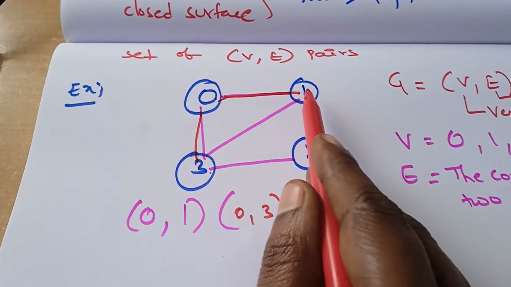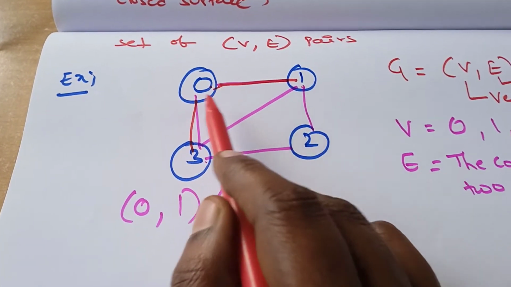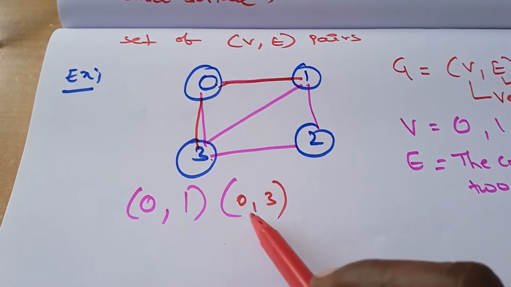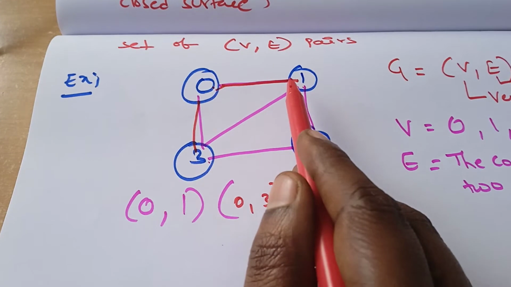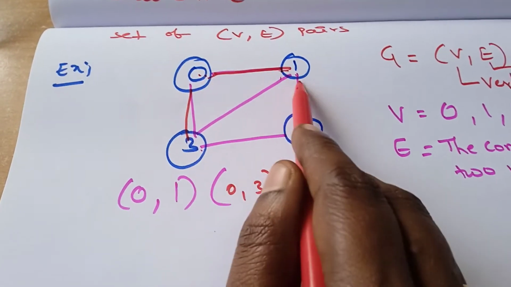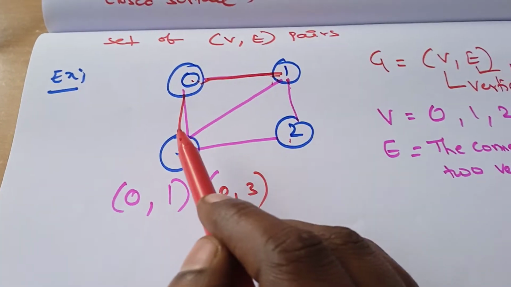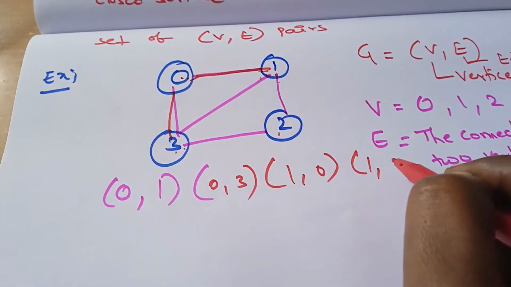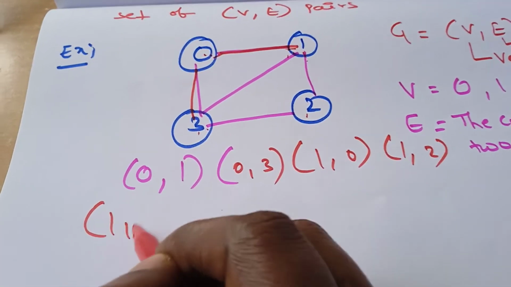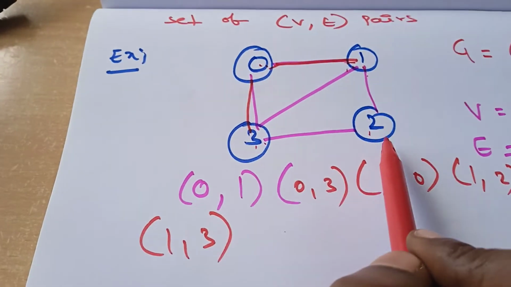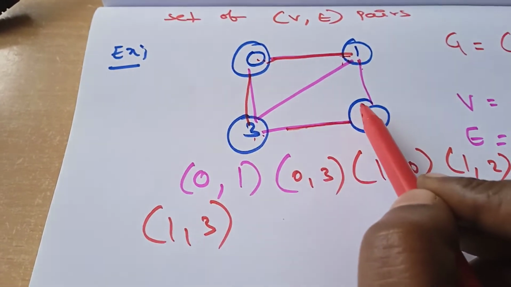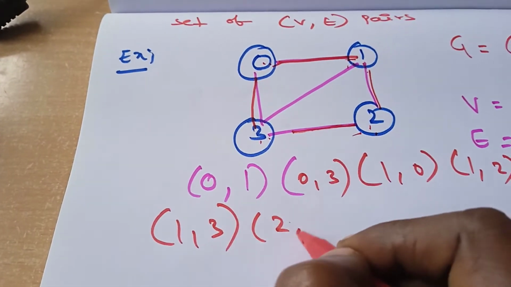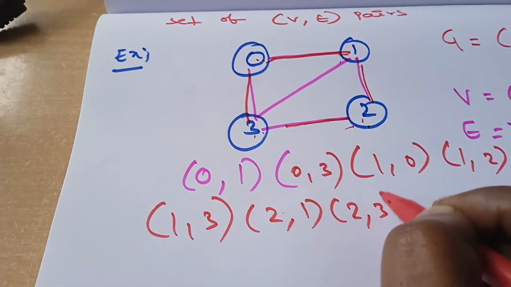There is no more edge from 0; we have only two edges. Now look at 1. 1 has three edges: 1 to 0, 1 to 2, 1 to 3. That is 1 comma 0, 1 comma 2, 1 comma 3. Now look at 2. 2 has two edges, one from 2 to 1, the other from 2 to 3: 2 comma 1, 2 comma 3.